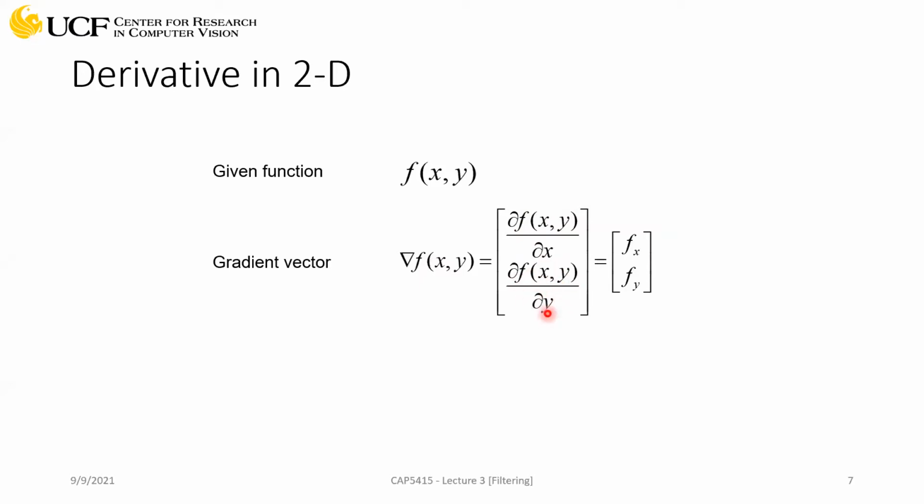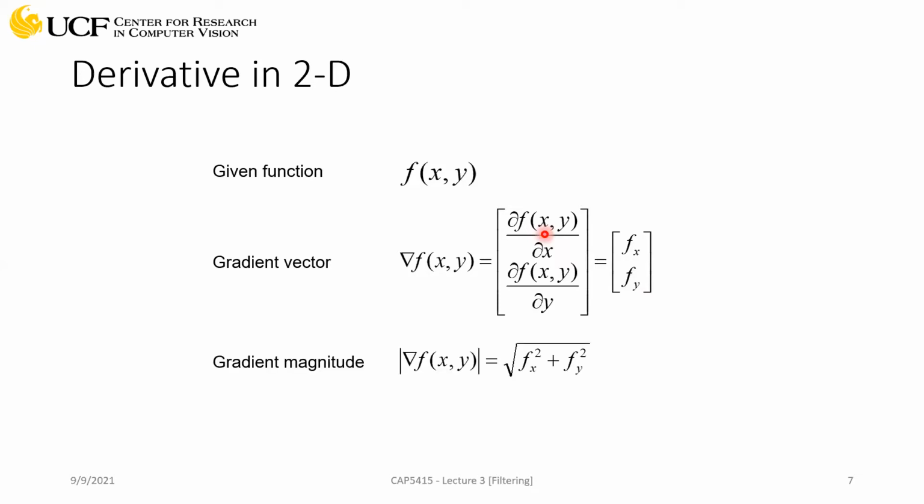That will be the second value, and you put these two values together as a vector here. This fx is called the partial derivative of f with respect to x. This fy is called the partial derivative of f with respect to y. It seems scary, but again, it's a normal derivative, the way you compute it for one dimension. It's giving you two values, and that's why we call it a vector.